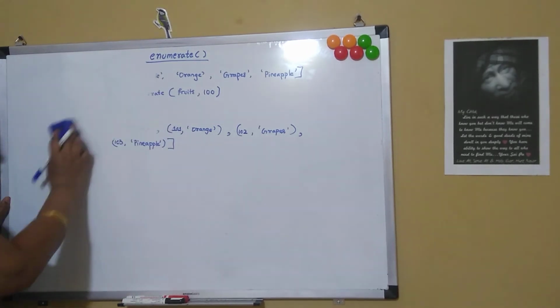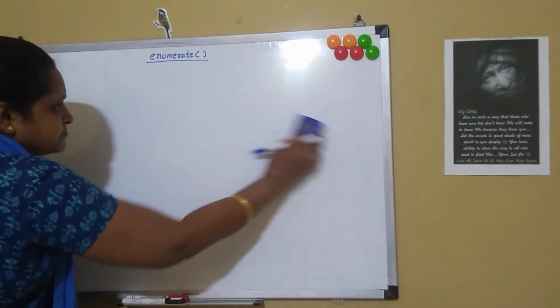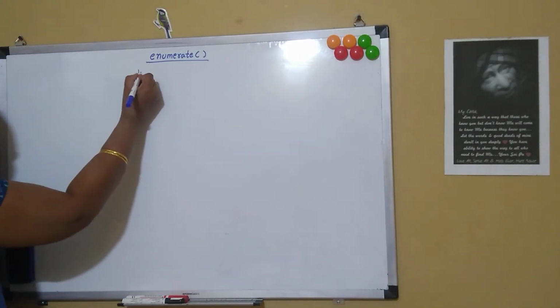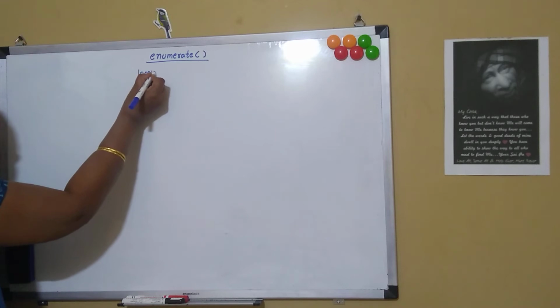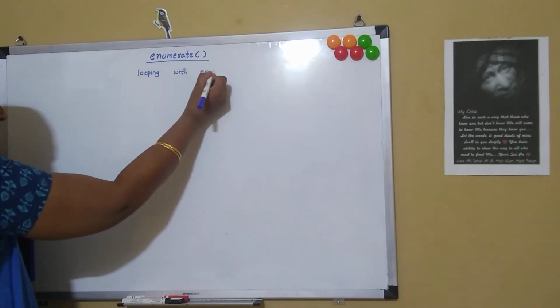And now let's see, by looping into the enumerate object, how we get the output. Looping with enumerate object.